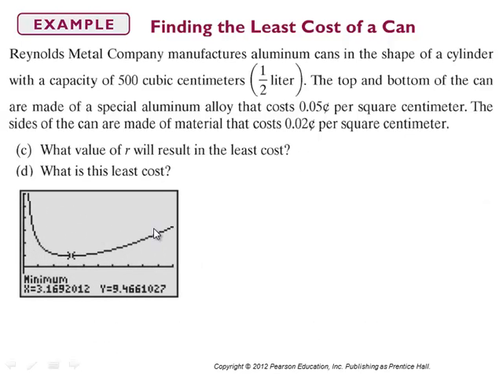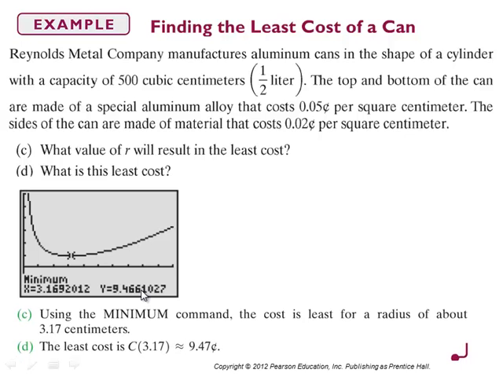When you do that, it turns out that the x coordinate, and here x is the same as r, really, that radius would have to be about 3.1692012 centimeters for a cost of 9.4661027. Actually, y is cost, isn't it? So y would be in terms of cents. So 9.47 cents, I guess, with a radius of 3.17 centimeters.